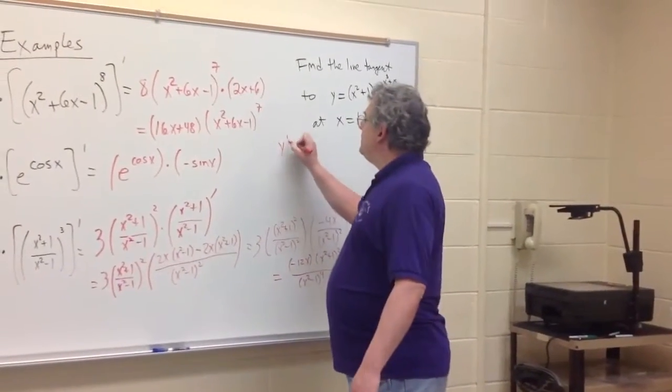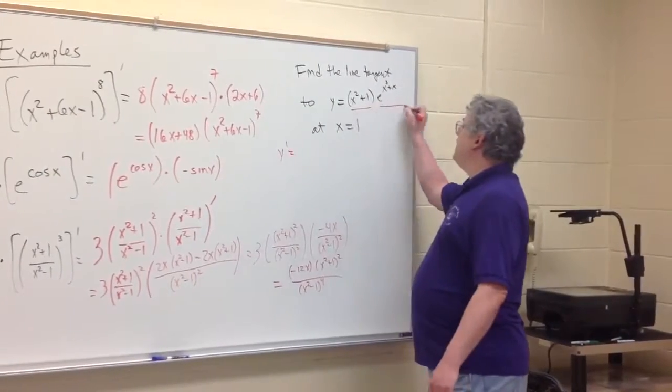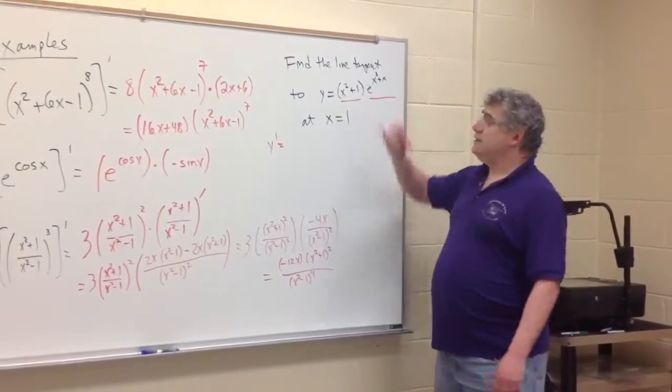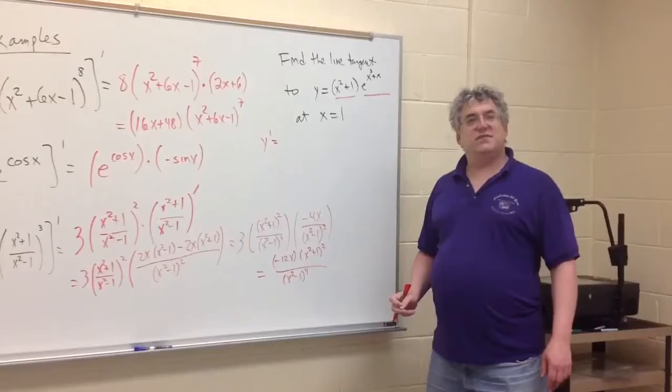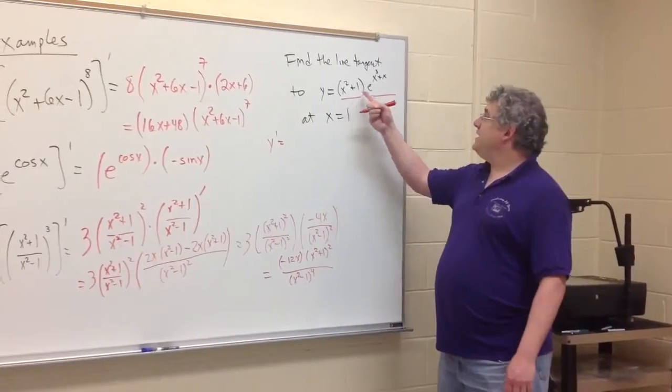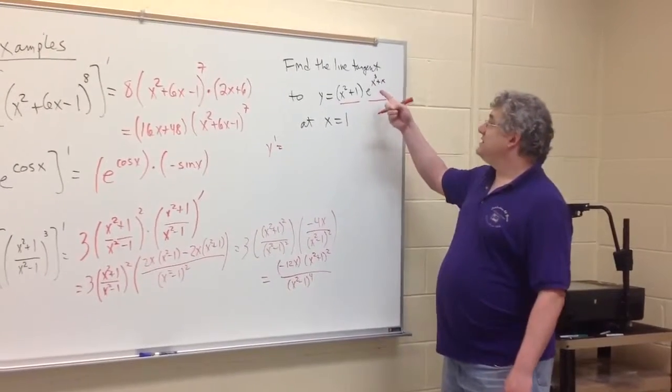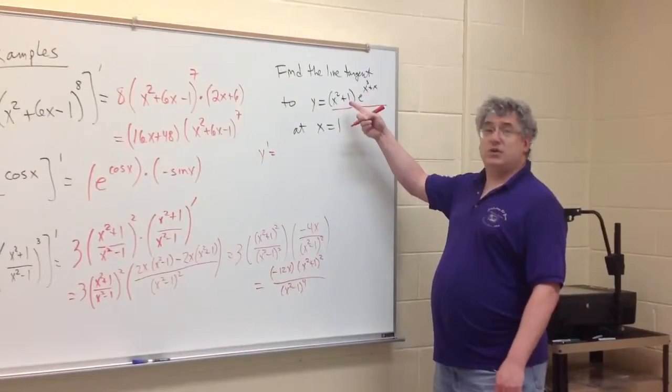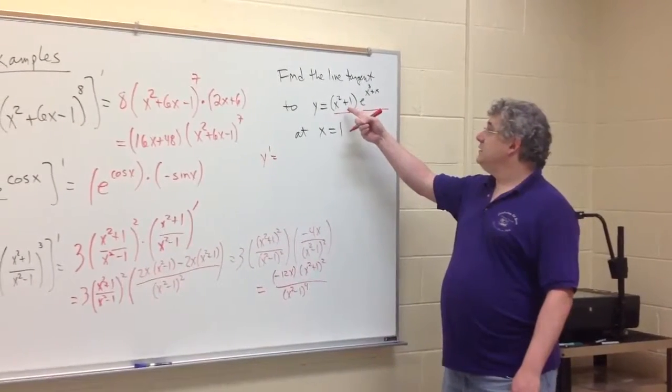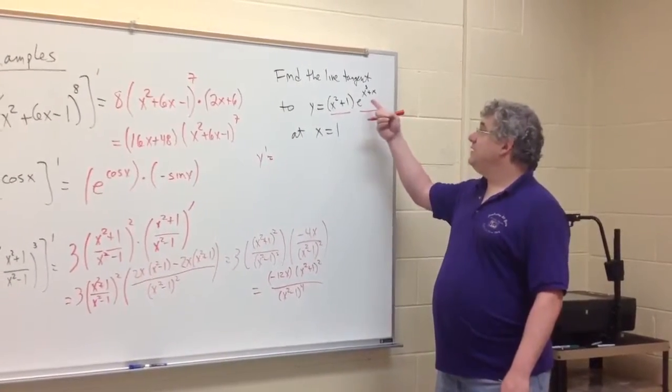So the derivative here, this is a product. Now it's also a chain, which is outside, which is the first thing we do. Something times something, that's the outside. So the first thing we do is product. So it's the derivative of this times that plus the derivative of that times this.